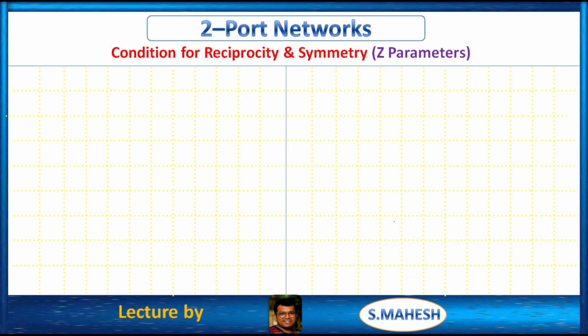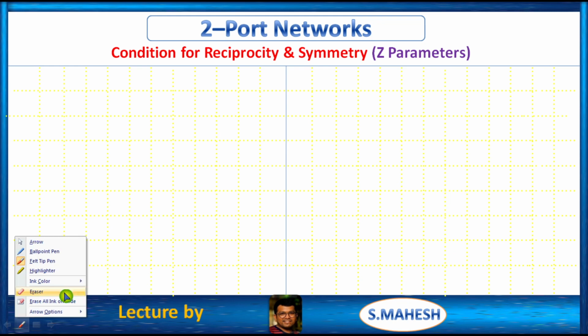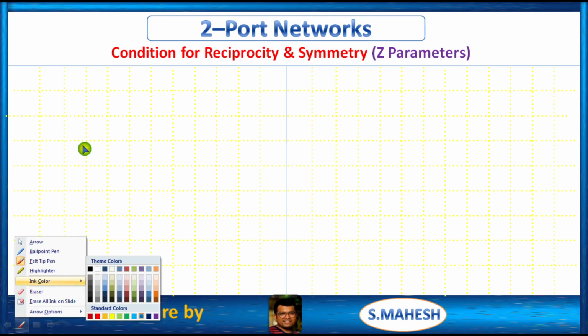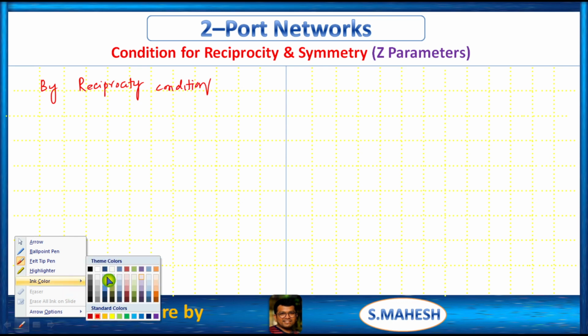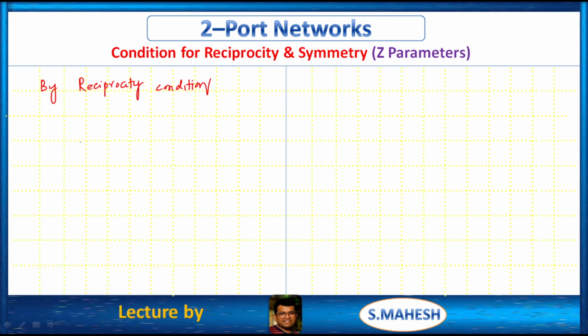Therefore, what is the reciprocity condition? By the reciprocity condition, the ratio of response to excitation from the first case, that is V2 equals 0, I2 by V1, should equal I1 by V2.